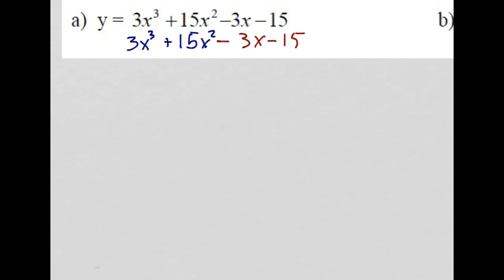Now, once we've done that, you need to factor out the greatest common factor from the blue set of numbers and then from the red set of numbers. This is going to be a piece of cake because it's the same in both.